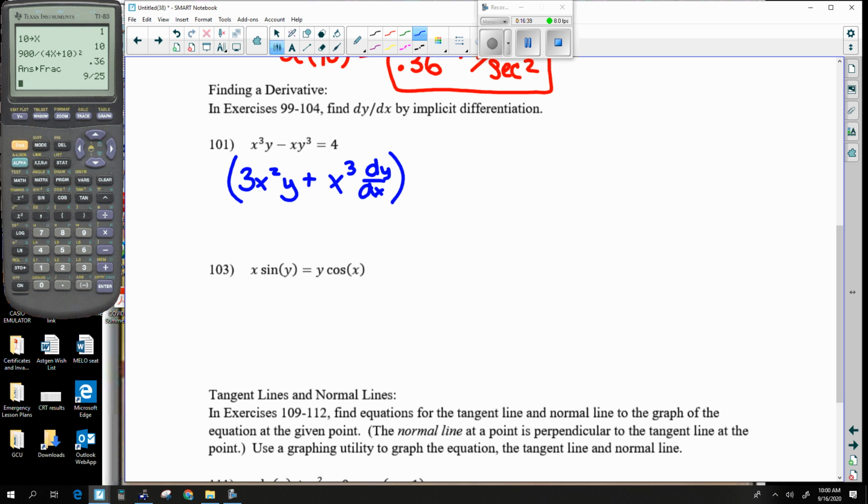Now, do the second part. Think of this piece as in its own parentheses. So you kind of ignore that negative sign. You bring that negative sign out. You do the product rule, and then eventually you bring this negative sign back in.